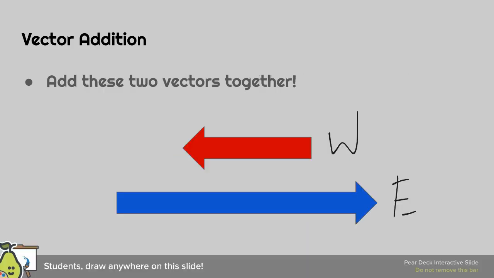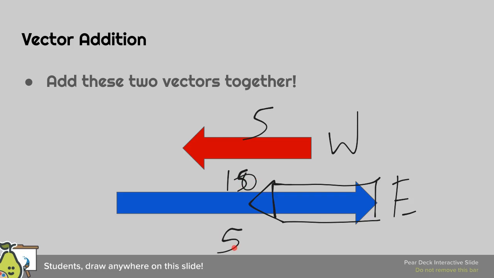If we move this one here and put my red arrow here, it's kind of a subtraction. So if this was 5 and this was 10, this gives me 5 to the east. So we have to subtract those.